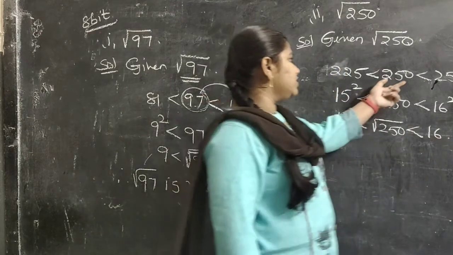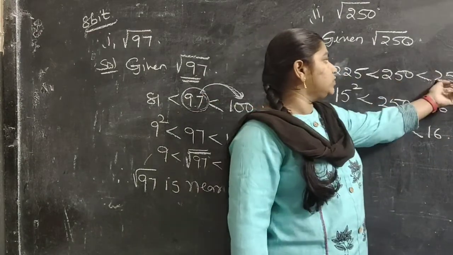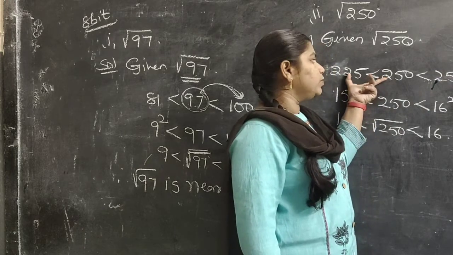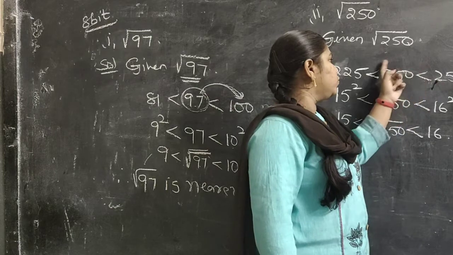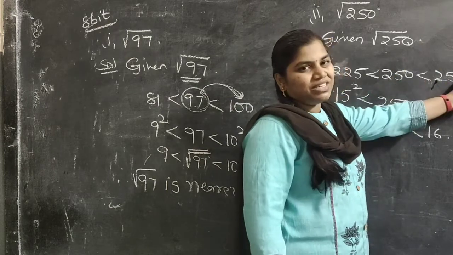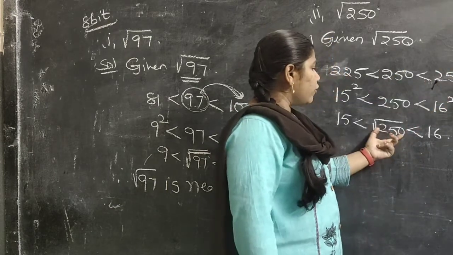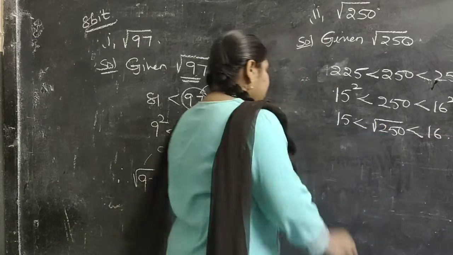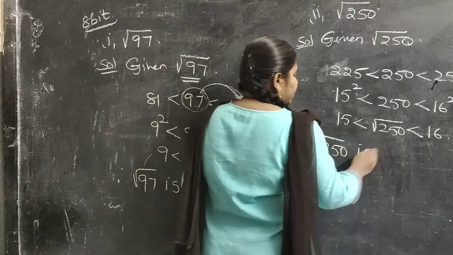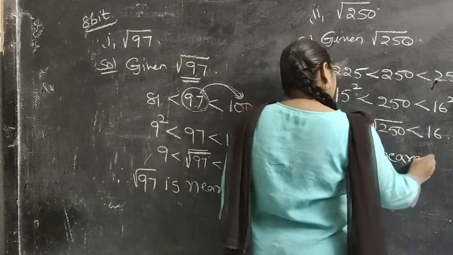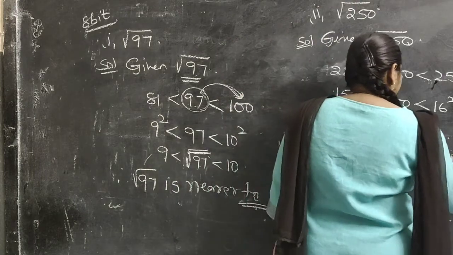So this 250 is nearer to which value? The difference between these two is more, but the difference between these two is less, only 6. That means 250 is nearer to 256. In the same way, root of 250 is nearer to 16. So therefore, root of 250 is nearest to 16.